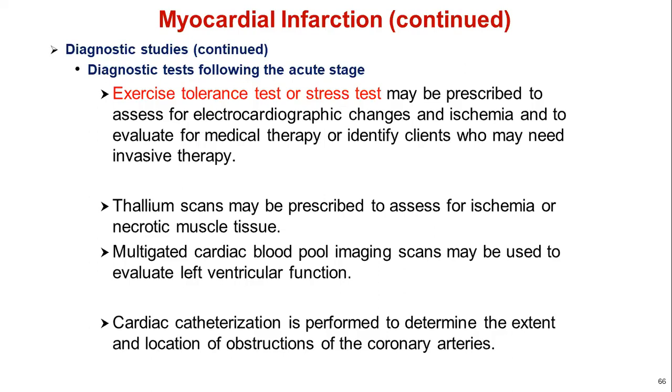Usually a 12-lead EKG is put on the patient's chest or the limb leads are used, and the patient walks on the treadmill, and the EKG reflects the change during the exercise.